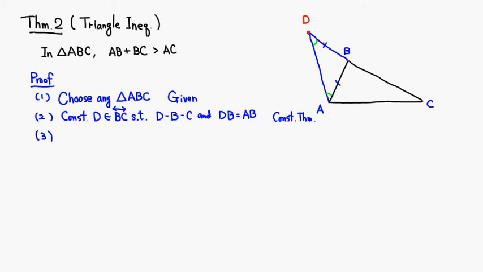So we can say angle BAD is congruent to angle BDA. This is by the isosceles triangle theorem. So we have that.